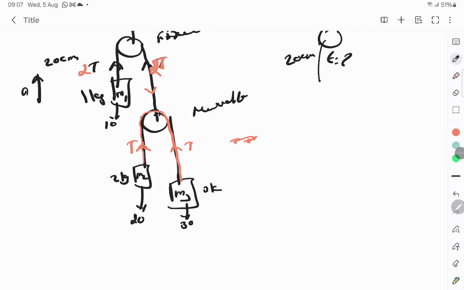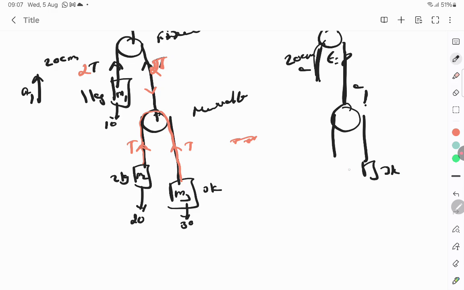If this goes up with an acceleration A1, then this loop will come down with the same acceleration A1. In this loop, this is 3 kg and this is 2 kg, and 3 kg is heavier, so within this there will be an acceleration. This is A3 going down and this will go up, which is A2.